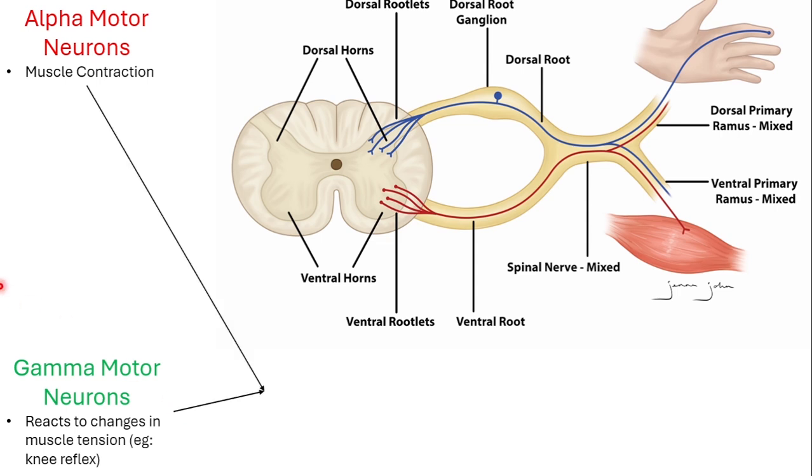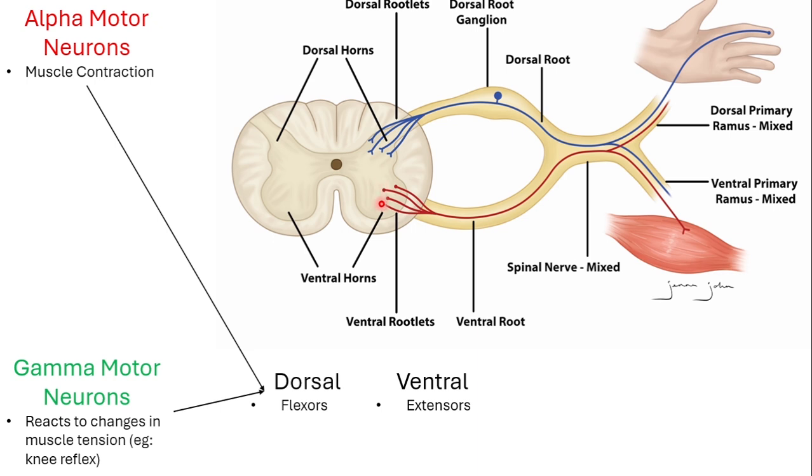So the alpha and gamma motor neurons are arranged in the ventral horn. Some of them are located medially near the medial side here, and some of them are located laterally here, and some of them are located ventrally here, and some of them are located dorsally here. Okay, so the motor neurons that are located dorsally here are responsible for innervating the flexor muscles, such as the biceps, if we're talking about the upper limb.